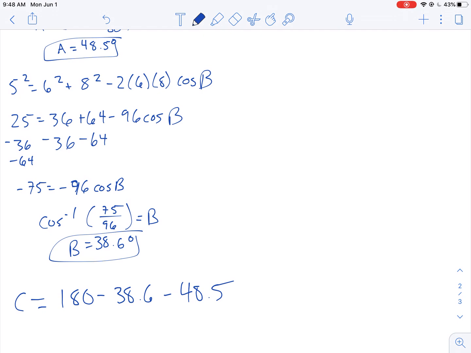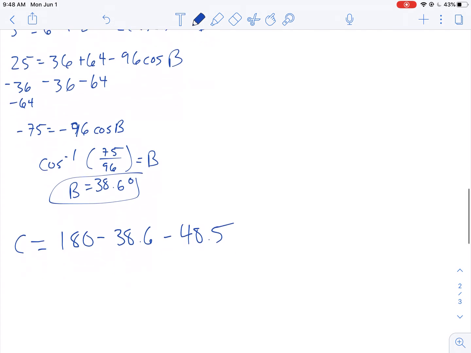Plugging that in on my calculator, I could do this in my head, but that just seems a little bit extra right now. My calculator is never moved this slow. Angle C is 92.9 degrees.